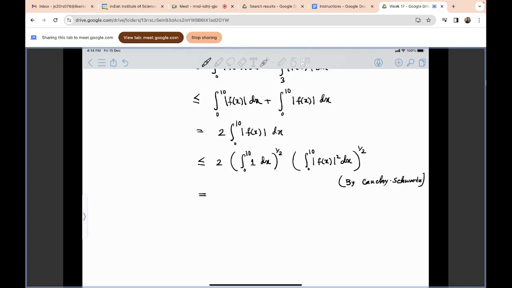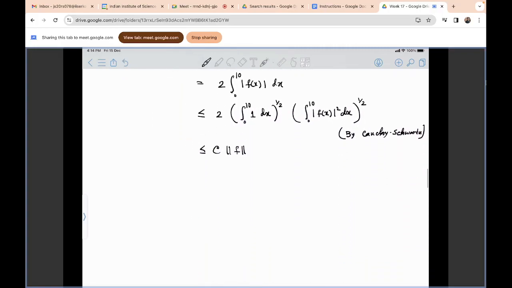If you integrate, you will get 10 to the power half, so it is some constant times the norm of f.